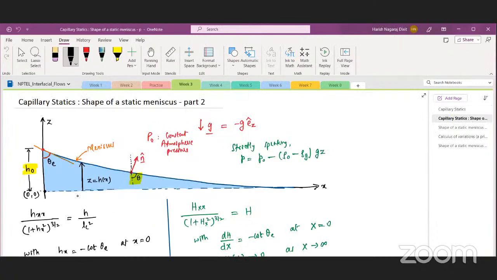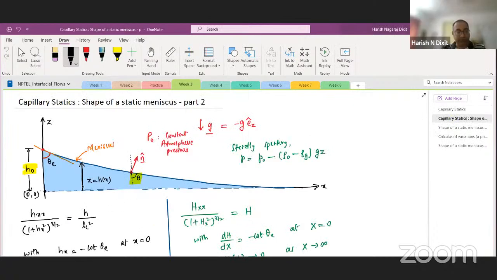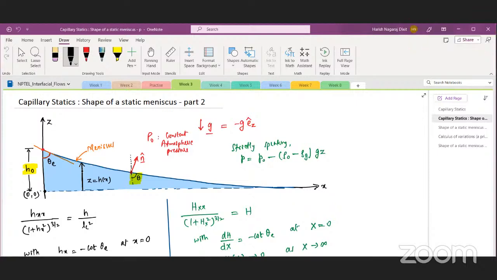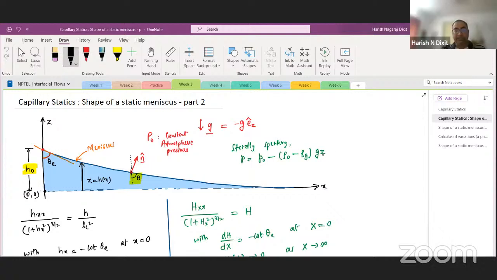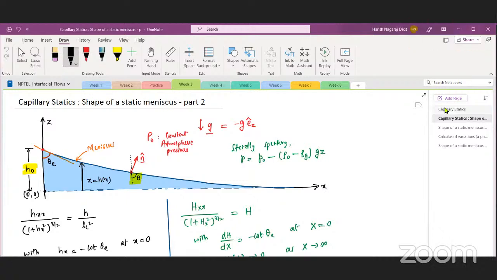So are you referring to this issue? Yes, here we had z equals h of x, but if we have a sessile drop. Okay, if you have a sessile drop, then you have to choose an appropriate coordinate system to define the local curvature.